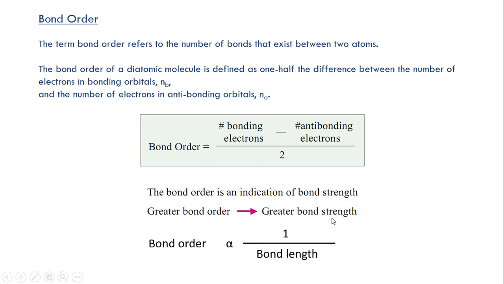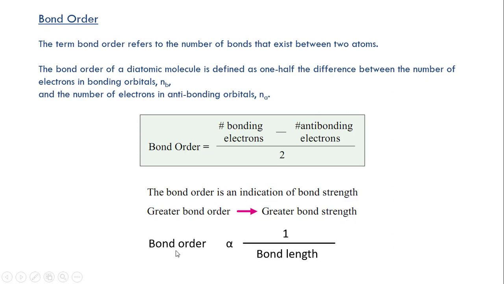Bond order is always inversely proportional to bond length. If bond length increases, the bond order decreases. Otherwise, if the bond order is more, the bond strength will be more, and only when the bond length is short will it get the higher bond strength.